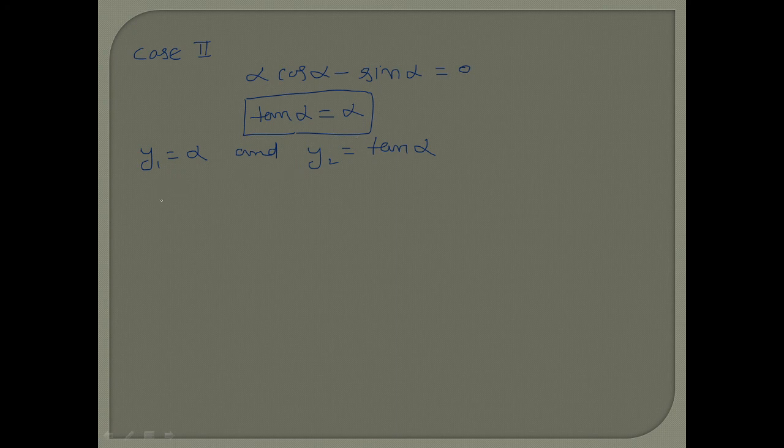Here we consider the alphas: we plot alpha for 0, plus minus 3 pi by 2, plus minus 5 pi by 2, plus minus 7 pi by 2 and so on.